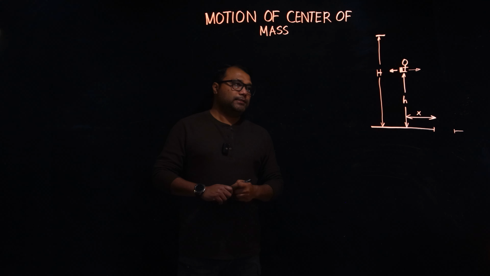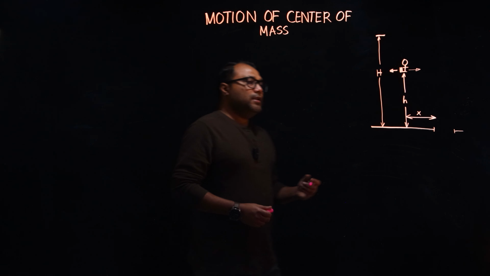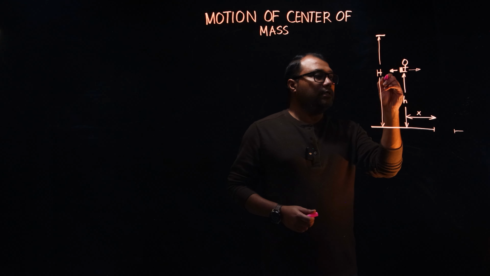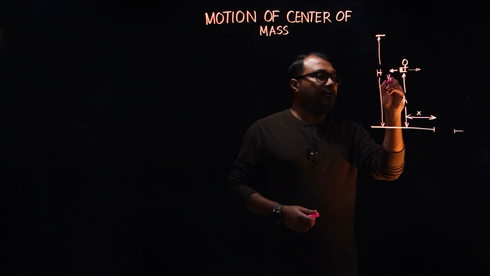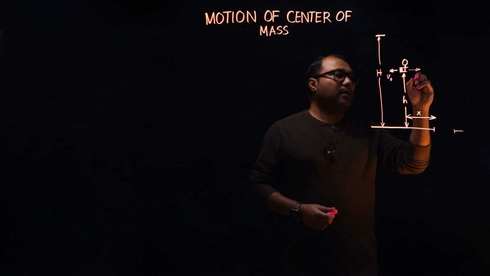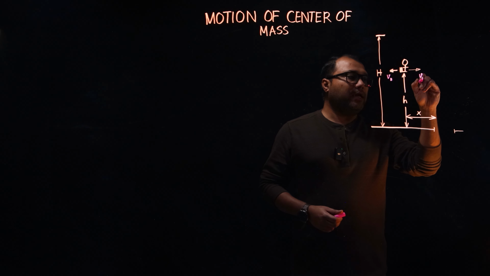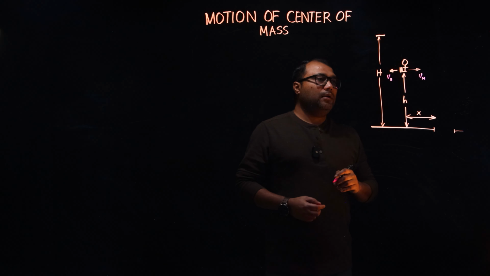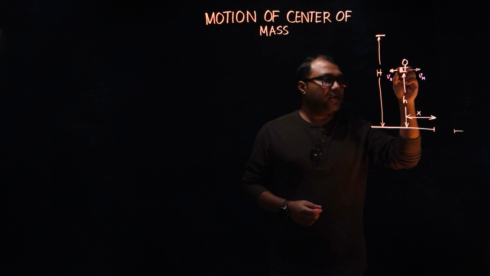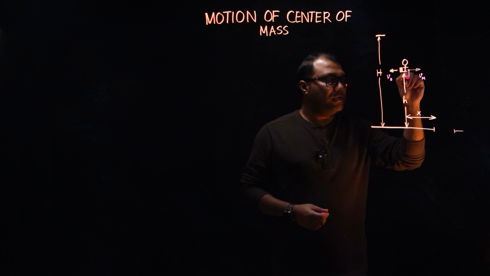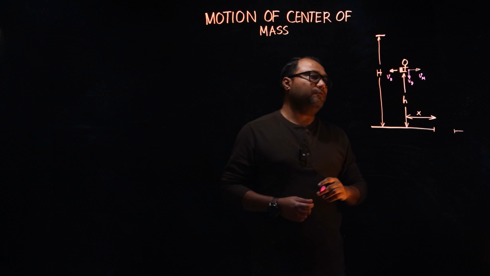So let's look at this. Let's say the velocity of the bag is Vb and the velocity of the man is Vm. Also remember that the man is already falling with a certain velocity in the y direction. It's a function of time, not a constant velocity.